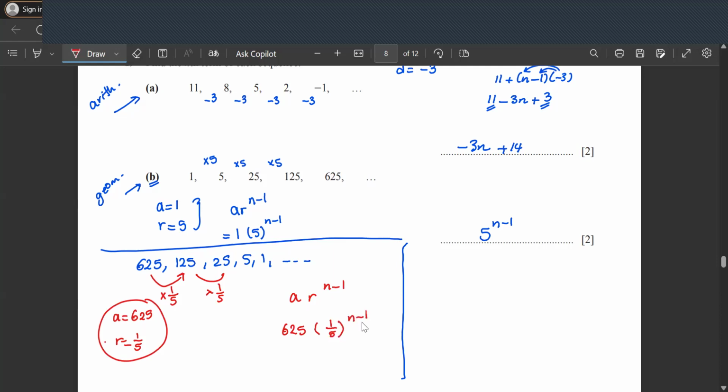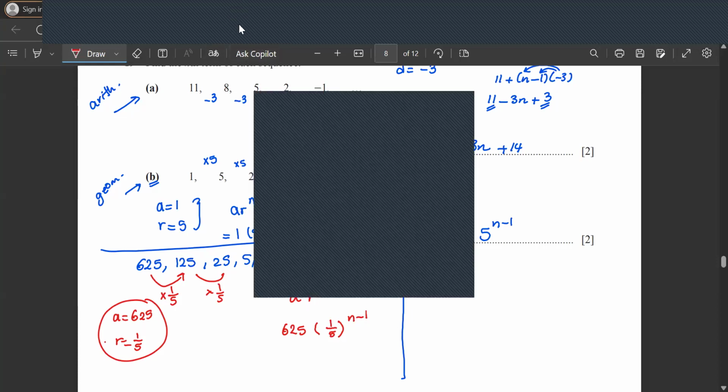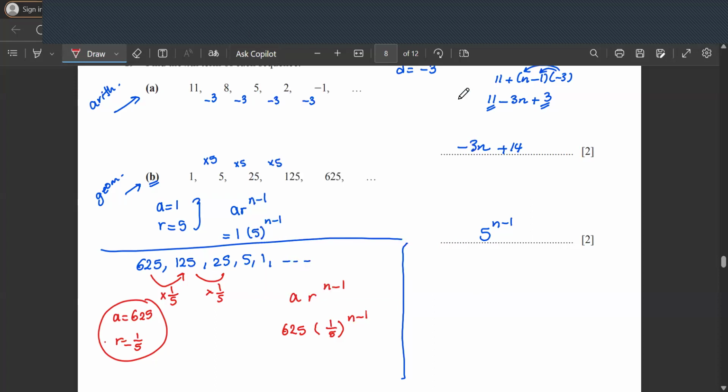Then, what to do with this? Students, what to do with this next?